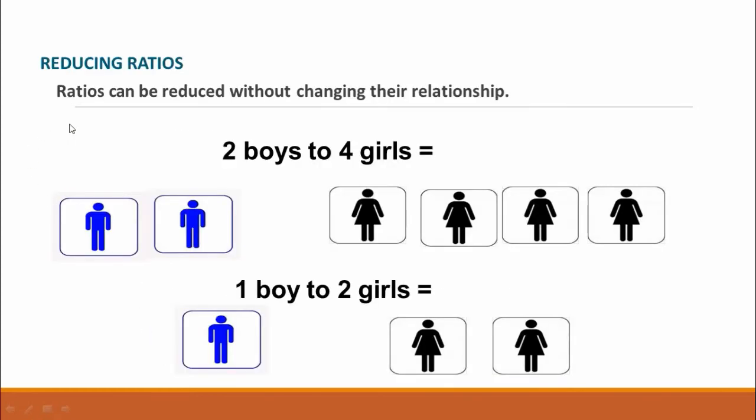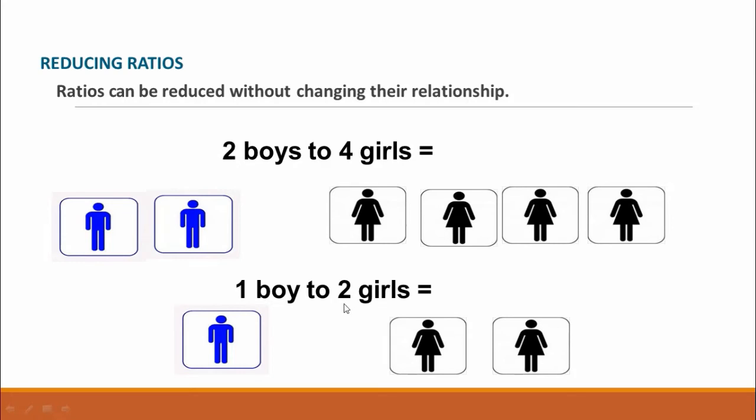Now, reducing ratios. Ratios can be reduced without changing their relationship. For example, we have two boys and four girls. There are two boys to four girls. Now we can reduce this ratio by simplifying 2 and 2, and 2 to the 4. So this is the reducing of the ratio: 1 ratio 2.